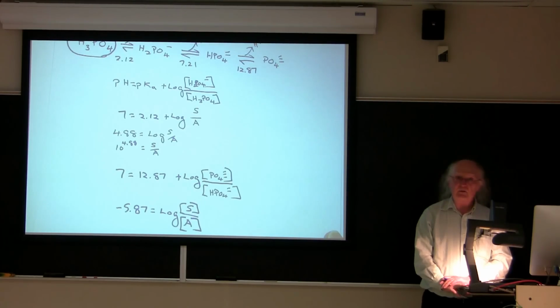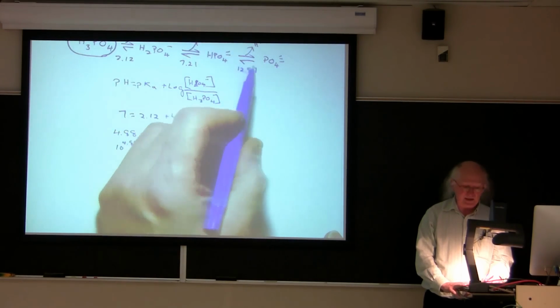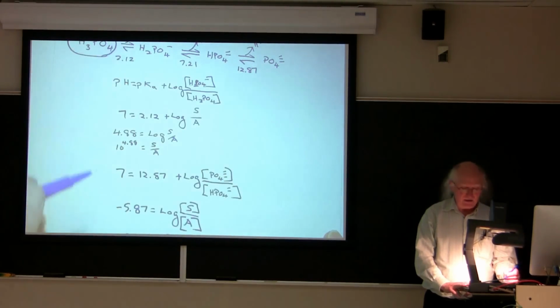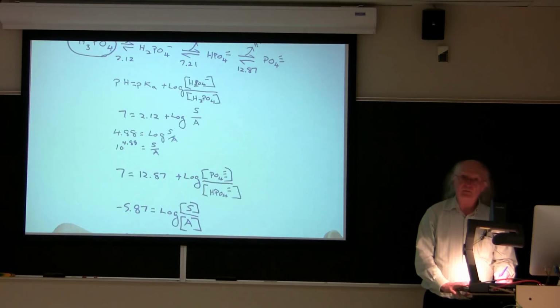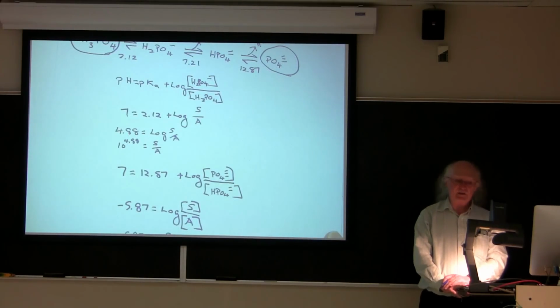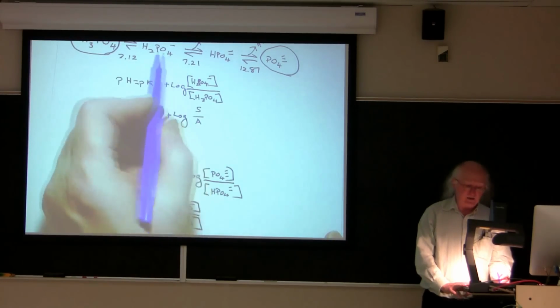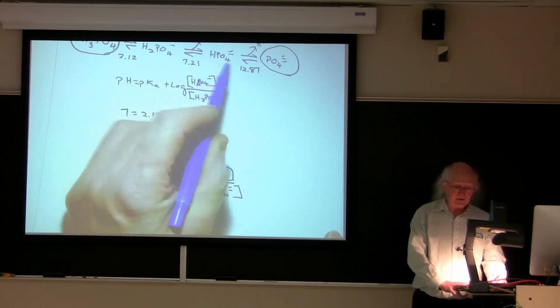If the number is less than 1, it means that there has to be more acid than there is salt. Looking back at our equation, comparing the HPO4 minus minus and the PO4 minus minus minus, the HPO4 minus minus is the acid. It's the predominant form, and we have now eliminated PO4 minus minus minus from consideration. So the most abundant molecule that's present in the cell, in this reaction, has to be either H2PO4 minus or HPO4 minus minus.